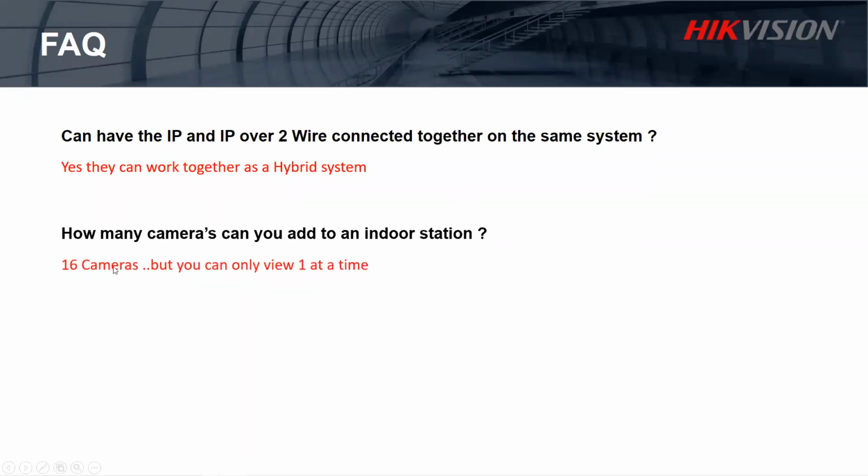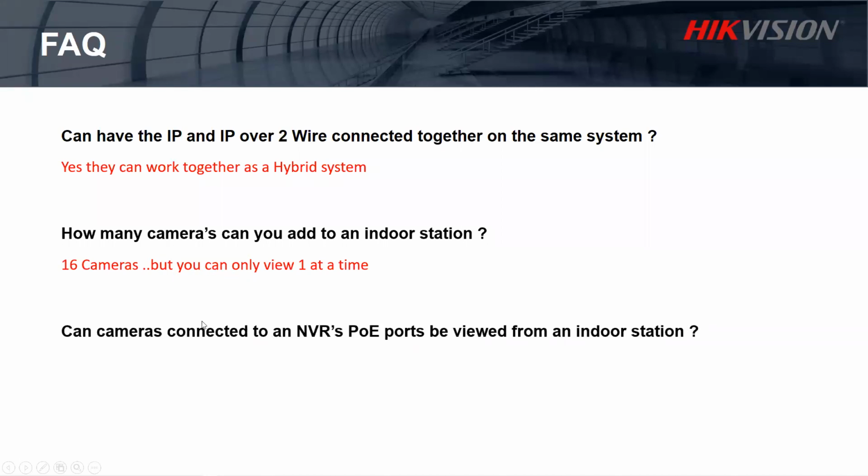Up to 16 cameras you can add on any indoor station, but you can only view one at a time. Can the camera connected to the NVR plug and play on the back of the NVR be added to the indoor station? Absolutely, yes, you can add the IP camera which is connected to the NVR to the room station using the NVR IP address and just changing the camera channel number.